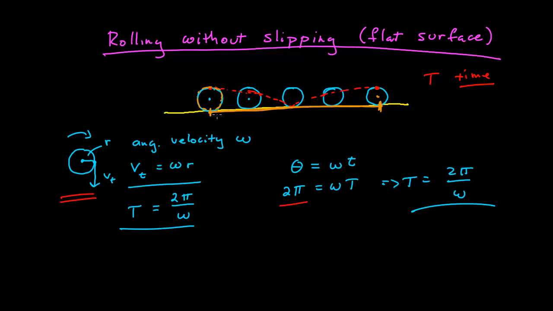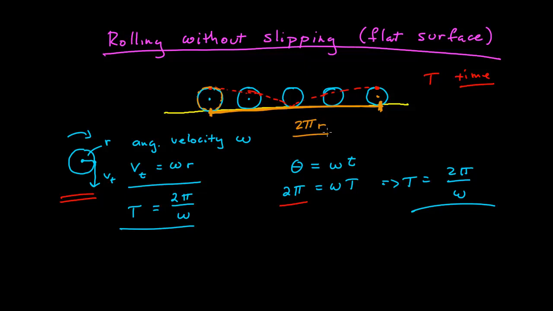You can think of this as being covered with orange paint, and as it rolled, it took off a very thin layer of paint all the way along. It would take off one layer of paint over the entire cylinder to go this far, and so this length is equal to the circumference of the cylinder. The circumference of the cylinder is 2 pi times the radius of the cylinder, which is r.